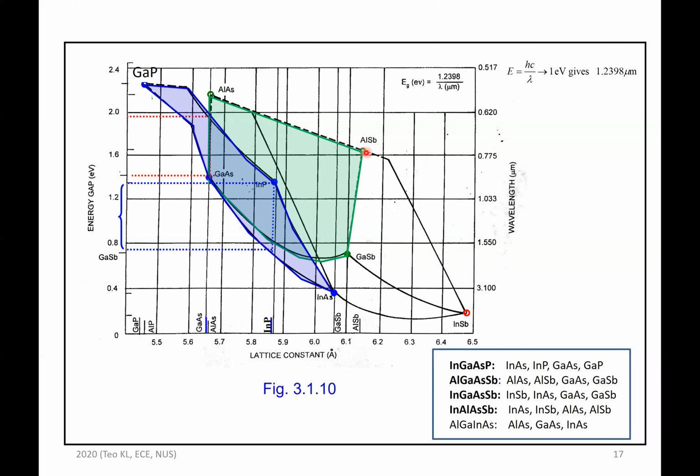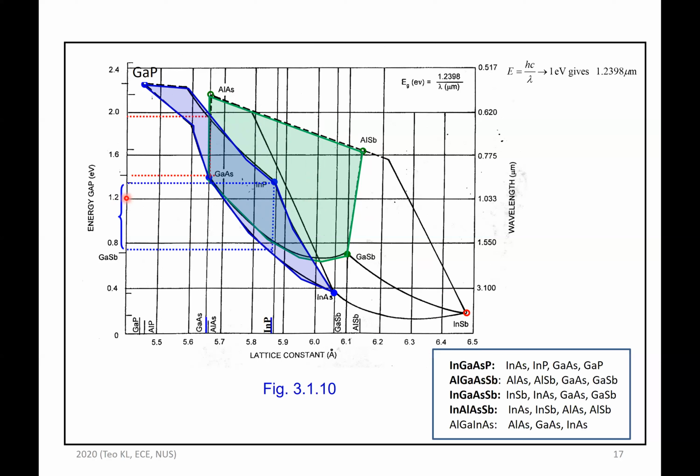But for the quaternary alloy aluminum gallium arsenide antimonide, it will be bounded by these four boundary lines, so we will be inside this gap. So let's say I want to grow 1.2 eV aluminum gallium arsenide antimonide.